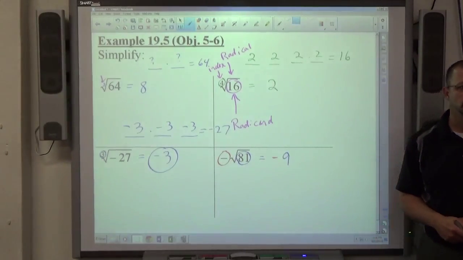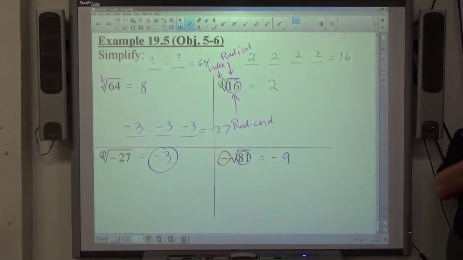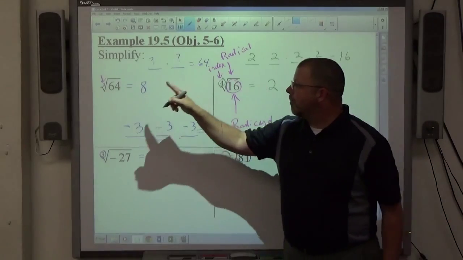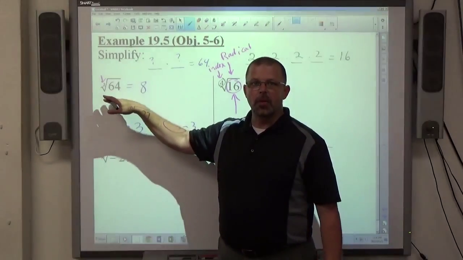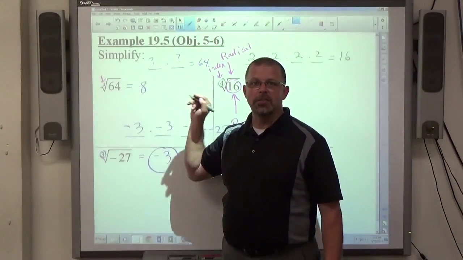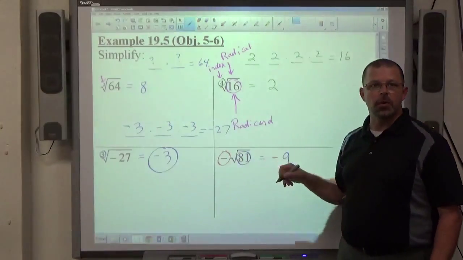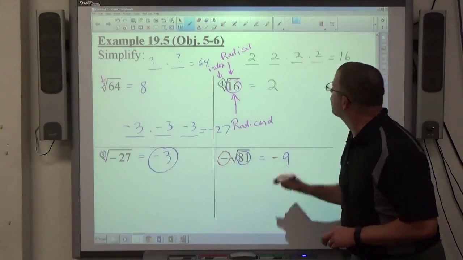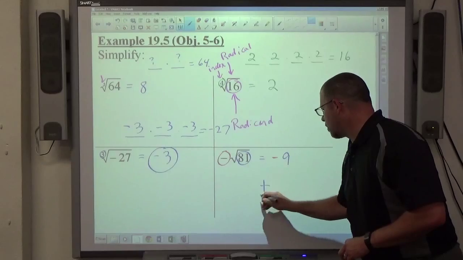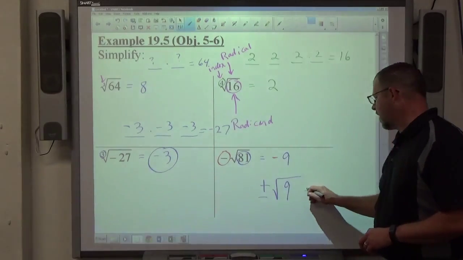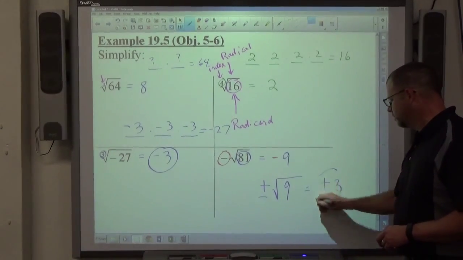I have a question. What's that? For like 8 or the first 2, do you want us to put both answers? Like 2, because negative 2 could be an answer too? If the problem specifically has the radical symbol on there already, square root of 64, they want the positive square root. If it's negative, they want the negative square root. If it has plus minus, if you see this symbol, plus or minus the square root of 9, let's say, that equals plus or minus 3.